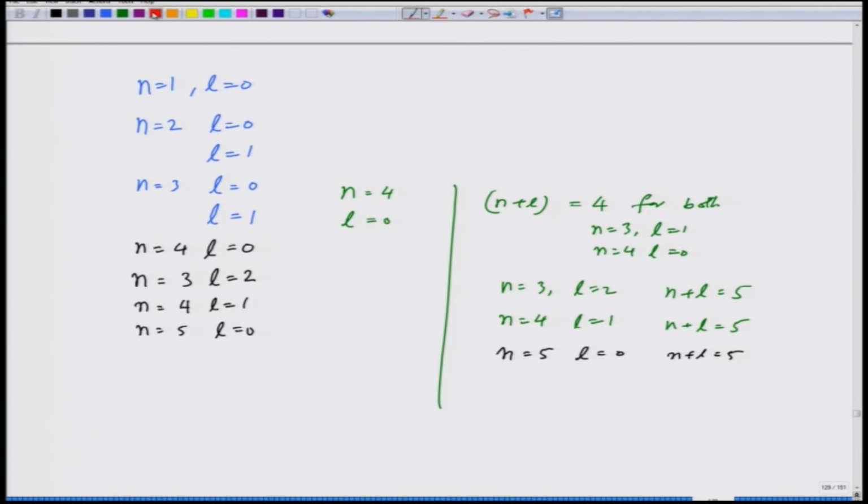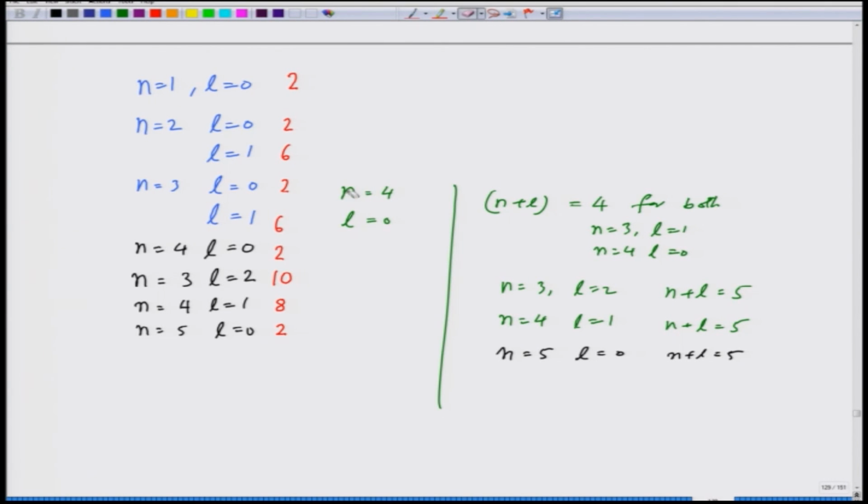Let us see the number of electrons: 2, 2, 6, 2, 6, 2. This is L equals 2, so this is going to be 10. L equals 1 again is going to be 8, L equals 0 again is going to be 2. Let us see the total number of electrons.